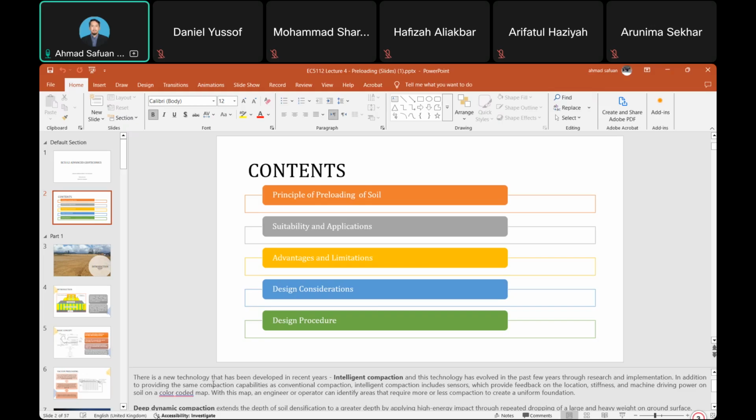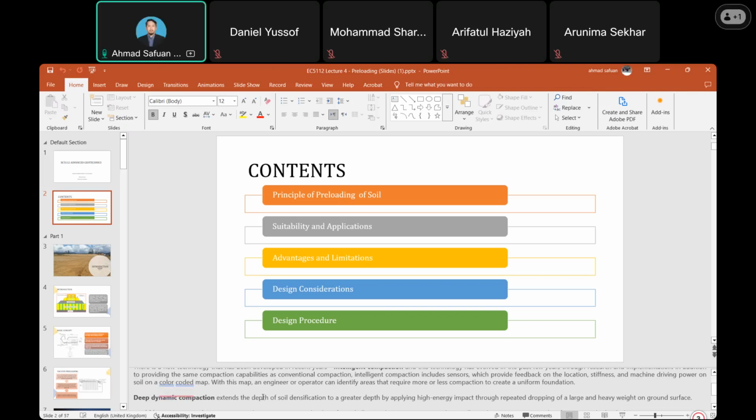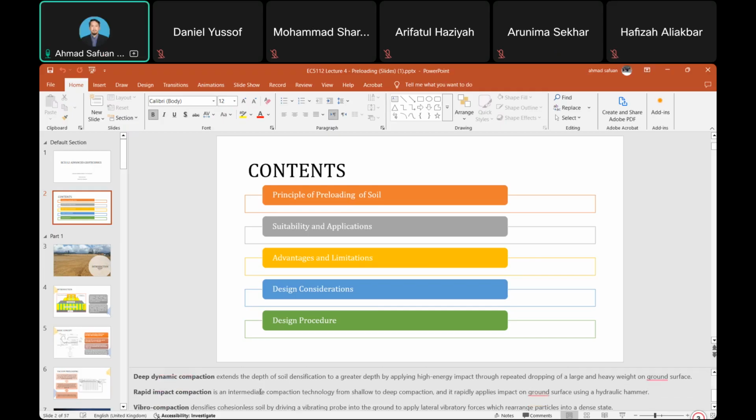Then we also have discussed deep dynamic compaction, which extends the depth of soil improvement to greater depth by applying high energy impact through repeated dropping of a large and heavy weight on the ground surface. We have rapid impact compaction as an intermediate compaction technology from shallow to deep compaction, and it rapidly applies impact on the ground surface using a hydraulic hammer.